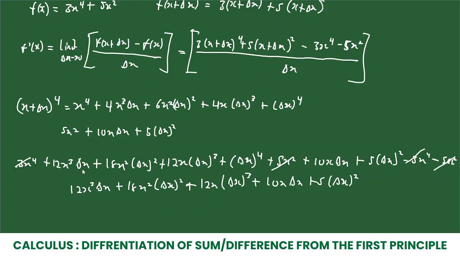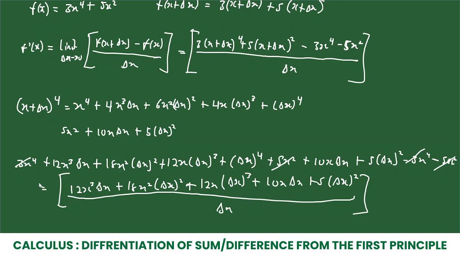So this is our numerator. So we are going to have this divided by changing x, right? Yeah. So sorry.